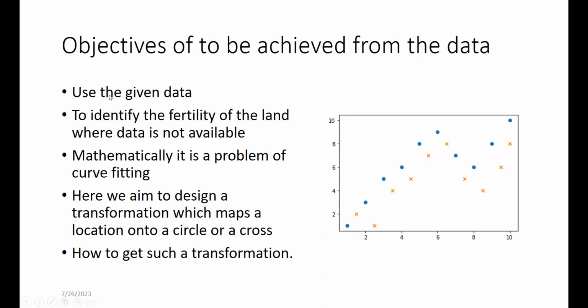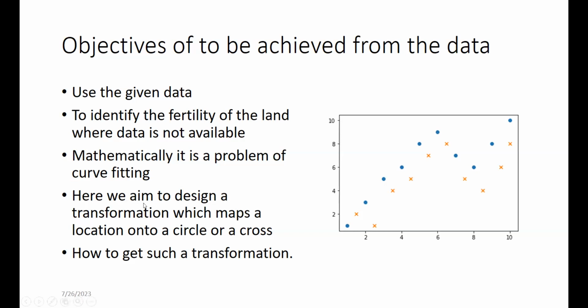We want to use this given data to identify the fertility of the land where data is not available. Mathematically, it is a problem of curve fitting, but it may not work if you directly use an interpolation kind of technique, because it may overfit, or it may not reflect what you want.